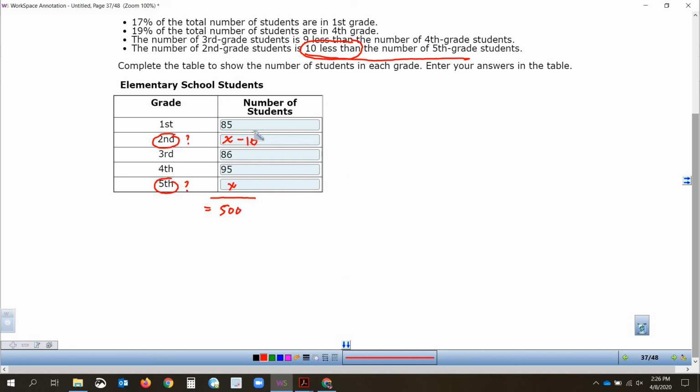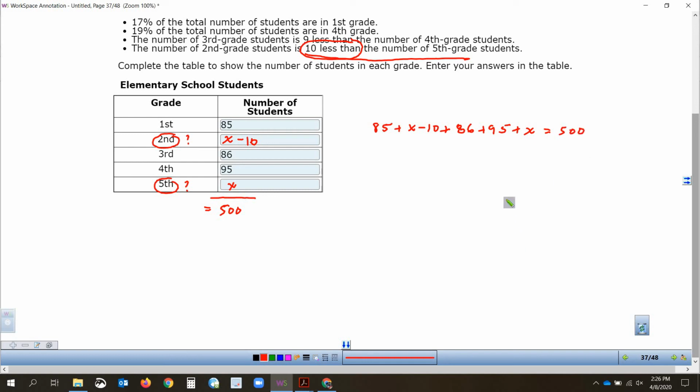So I can write an equation and solve it for x. And once I know what x is, I'll know what x minus 10 is. So if we take our first graders, 85, and add it to our second graders, x minus 10, and add it to our third graders, which is 86, and add it to our fourth graders, which is 95, and add it to our fifth graders, which is x. Our first plus our second plus our third plus our fourth plus our fifth equals what?